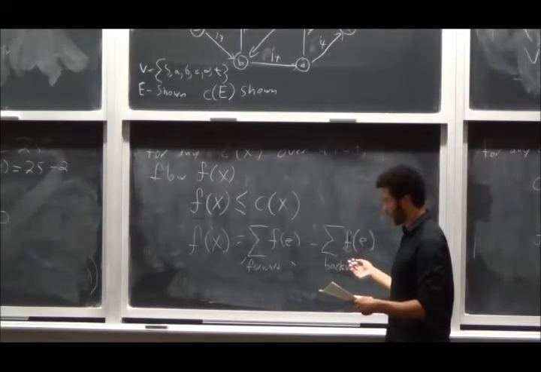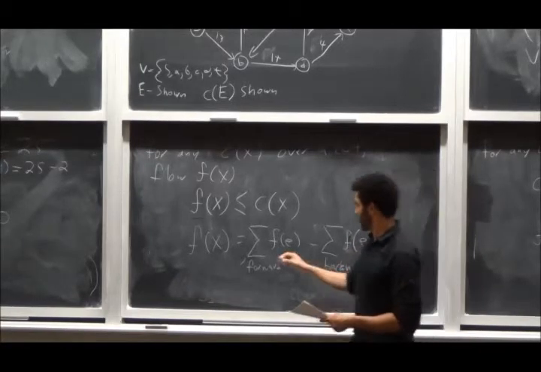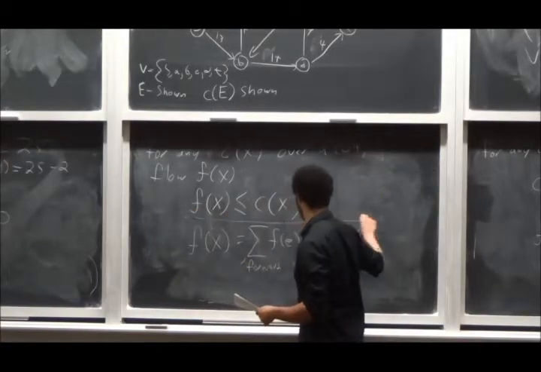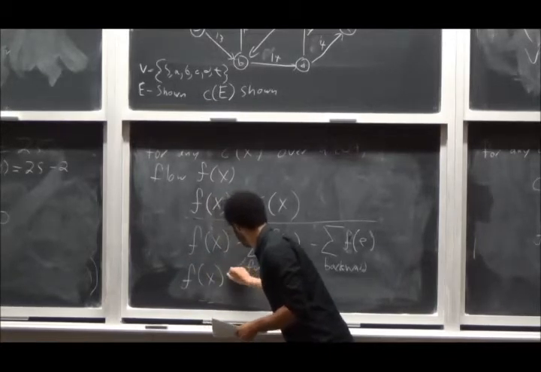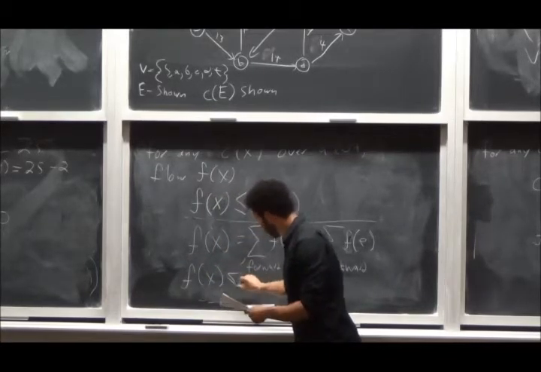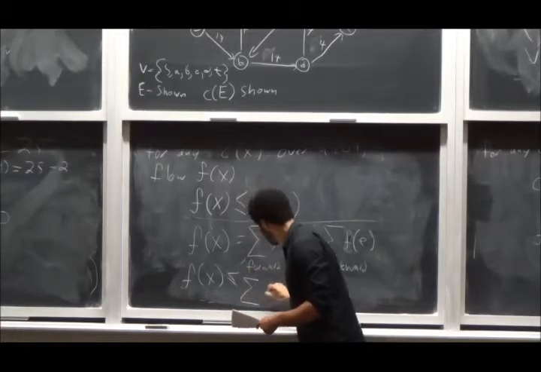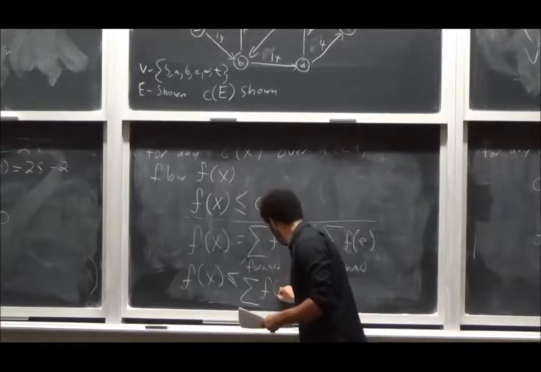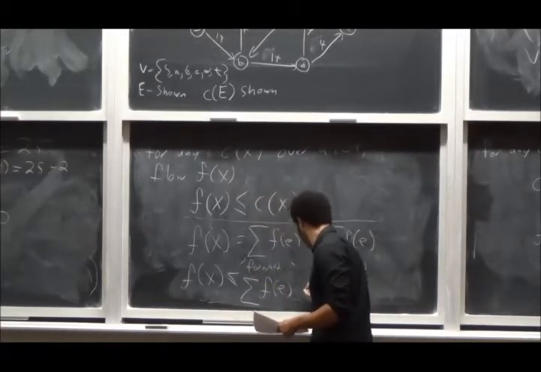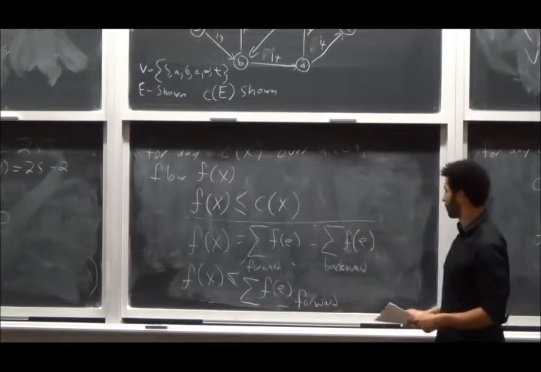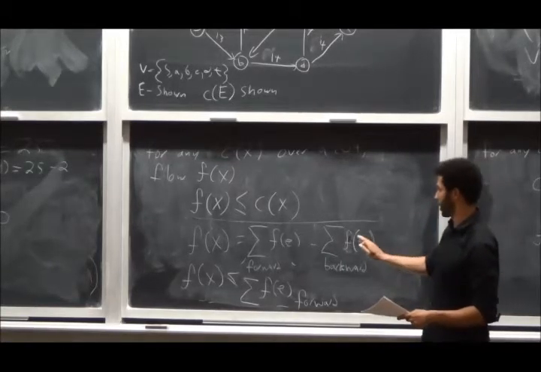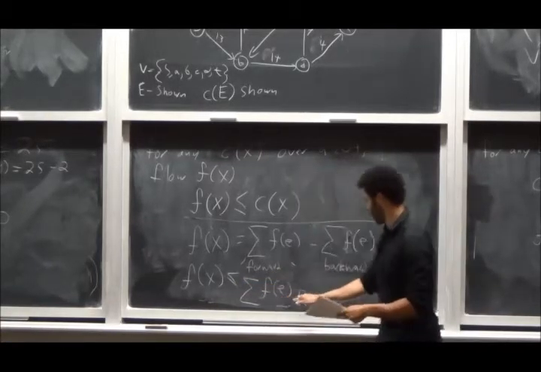Yeah, well, we can just take this expression, so let's just draw a line. We can take this expression to be our forward sum. Right? So given all our forward edges, we can just say that this f of x is less than or equal to this.